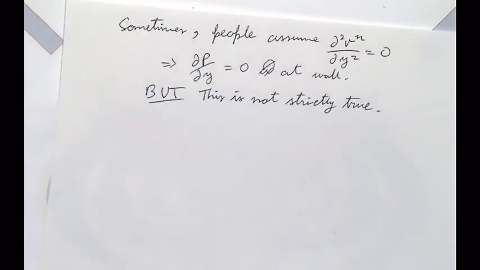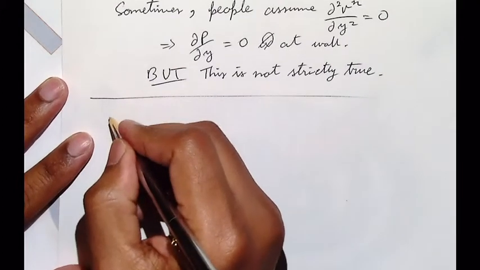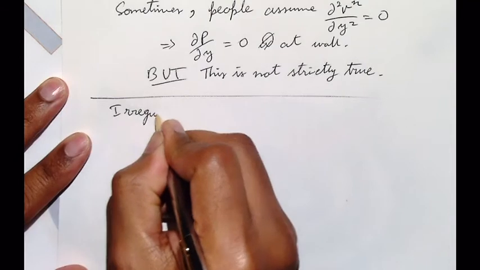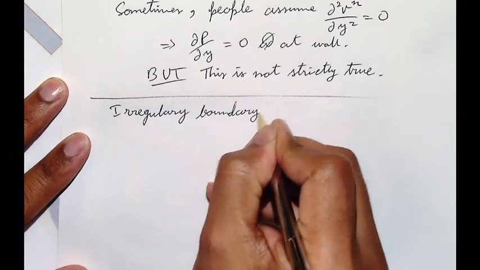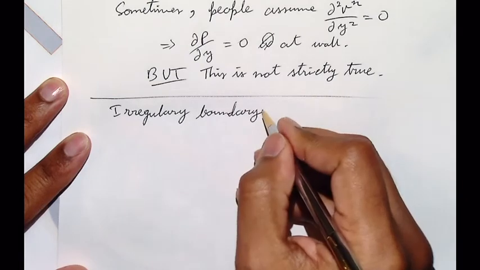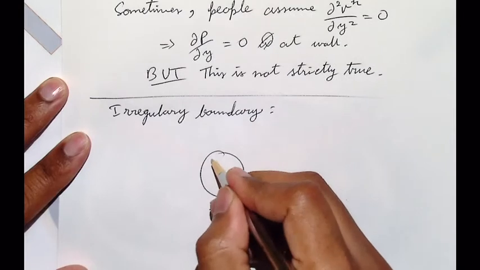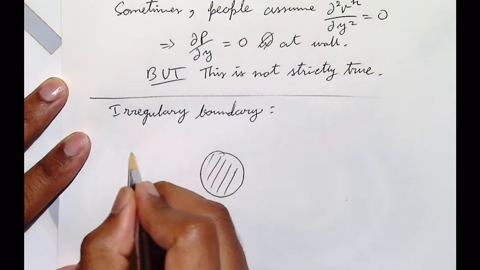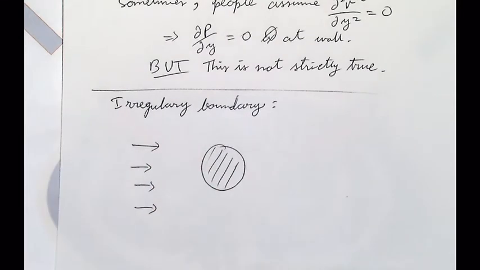What if we are trying to solve what flow across a cylinder looks like? What do we do?